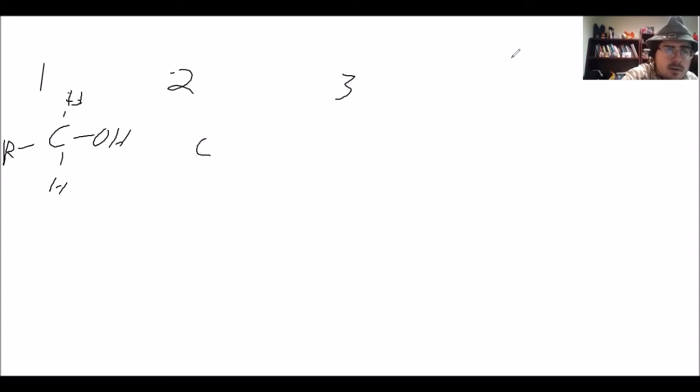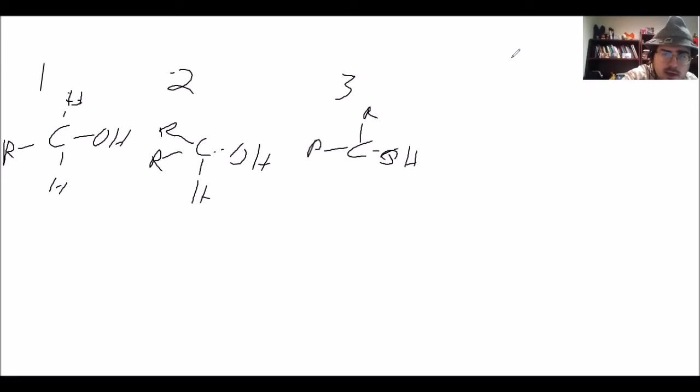Secondary, we have 2 carbons. And the tertiary is, of course, 3 carbons. It's essentially a way of looking at how many H's are attached to this alcohol carbon.